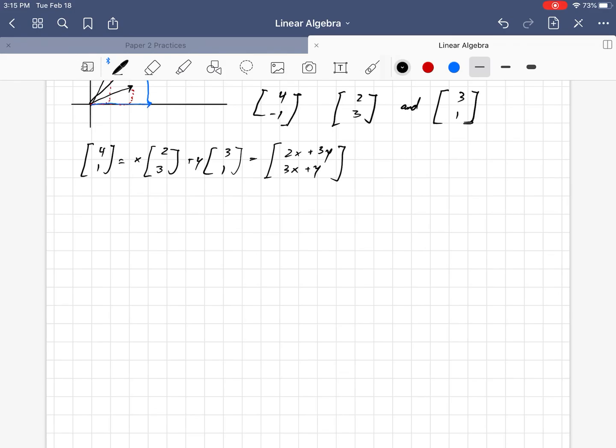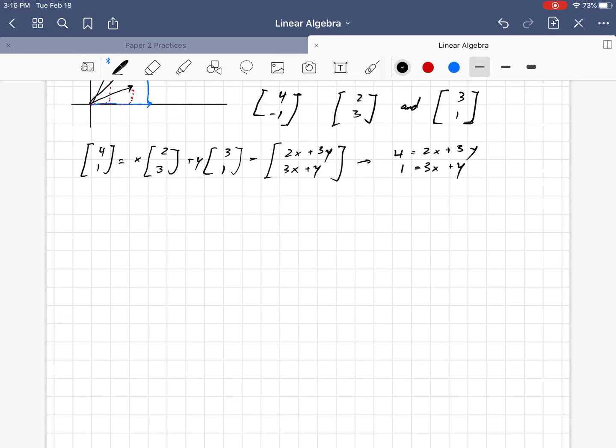As I said before, and it will now be used here, two matrices are equal if and only if they have the same dimensions and their corresponding entries are equal. So if these are equal, that would imply that 4 is equal to 2x plus 3y, and 1 is equal to 3x plus y. It's now a matter of just solving this system of equations.